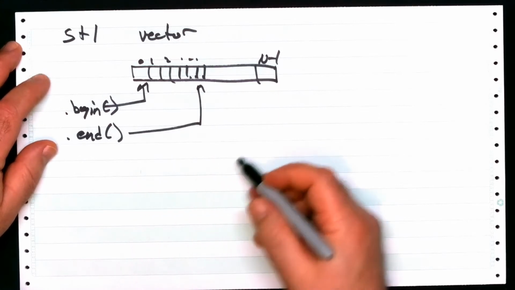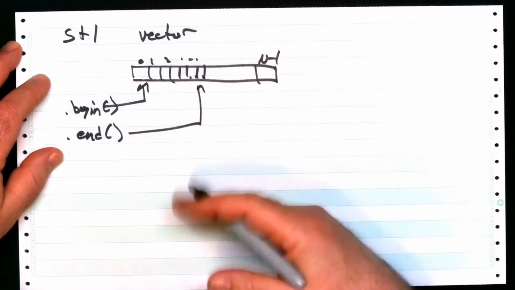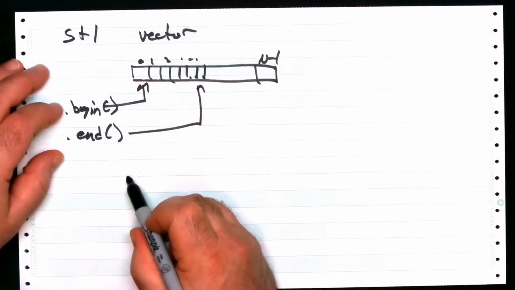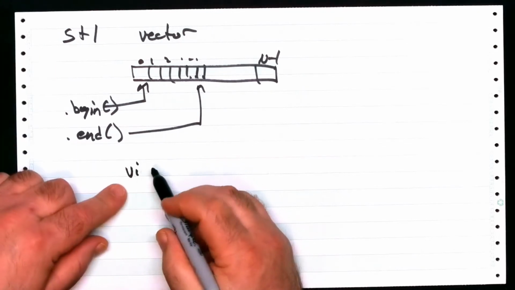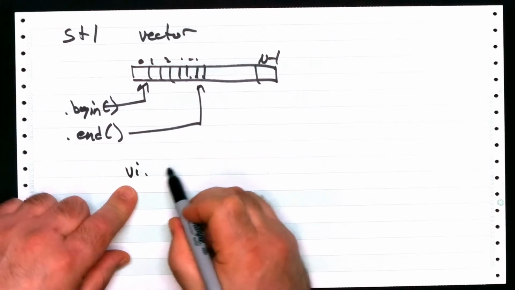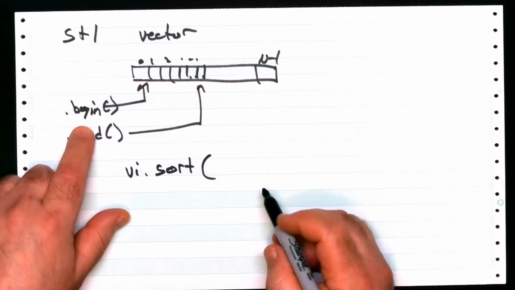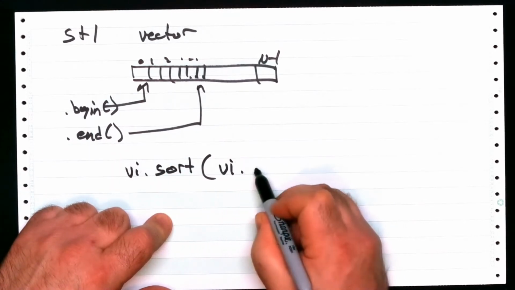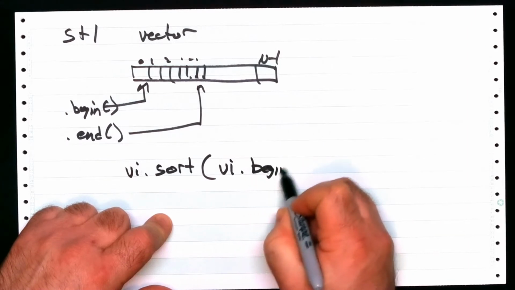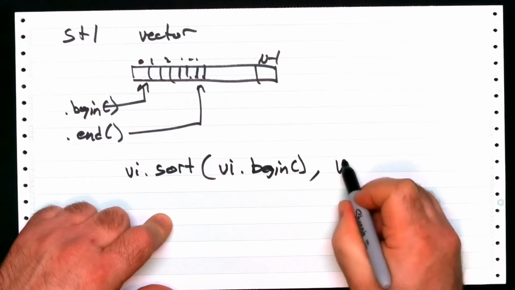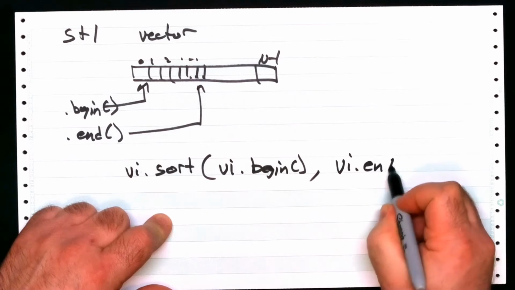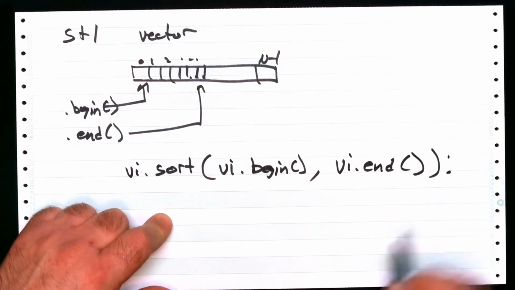So let's say I'm not going to put the definition in here again. We have our vi vector from the last example, right? I can call sort, and with nothing more than vi.begin, comma, vi.end. Done.